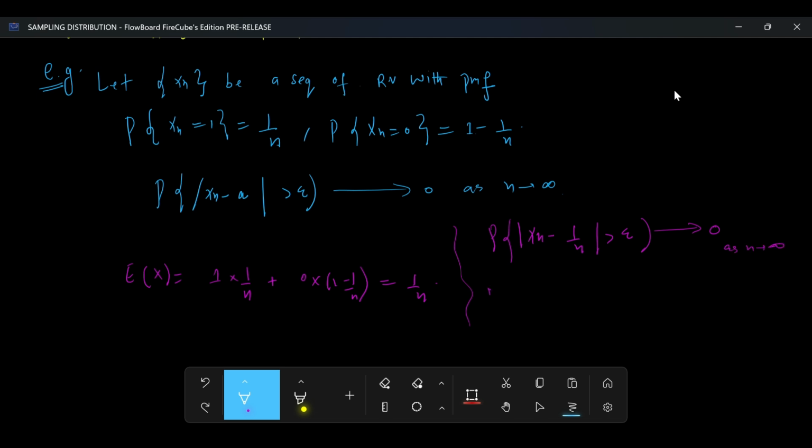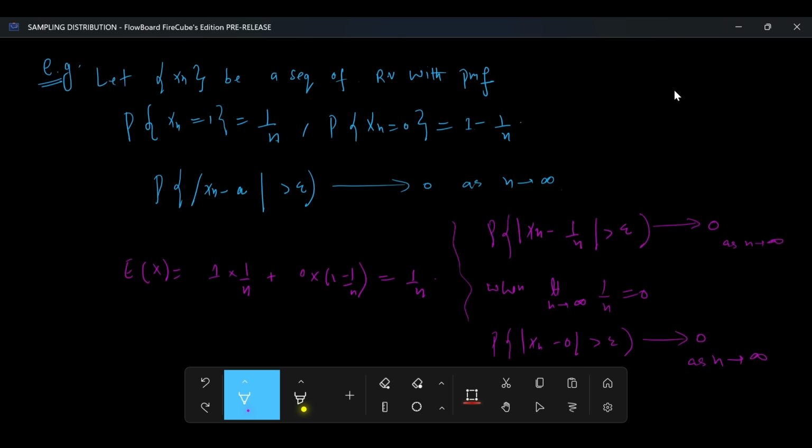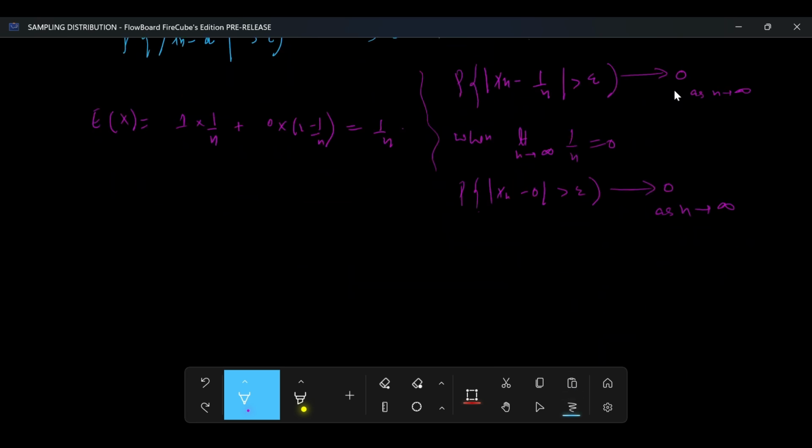As you know, when n tends to infinity, 1 by n is equal to 0. So probability of |Xn - 0| greater than epsilon converges to 0 as n tends to infinity. Hence, Xn converges to 0 in probability. So this is an example of convergence in probability.